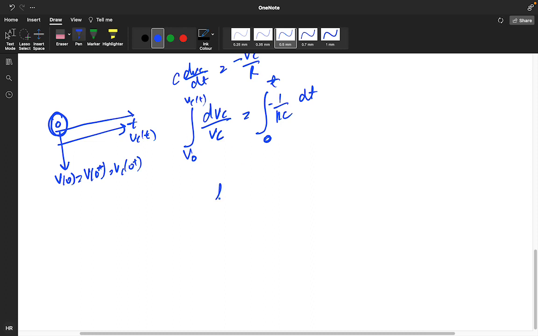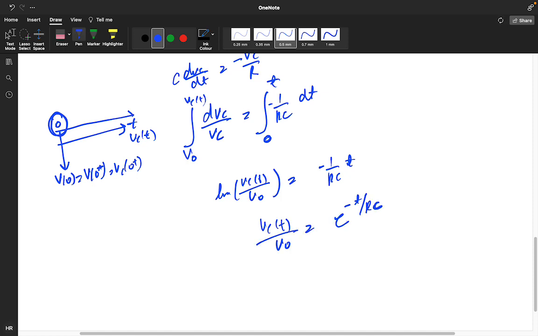After solving this, I will get ln of VC of t divided by V naught equals minus 1 by RC into t. Taking the exponent, I will get VC of t divided by V naught equals e power minus t by RC, and VC of t will be equal to V naught e power minus t by RC.